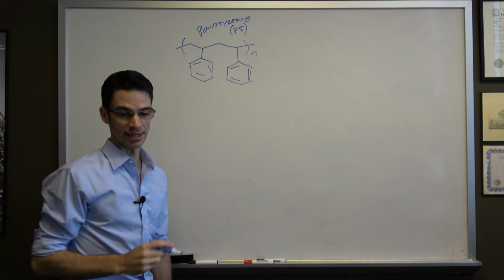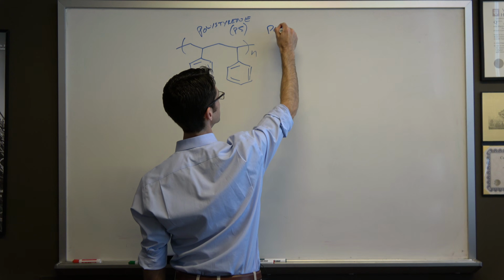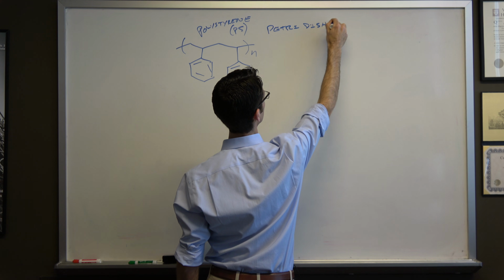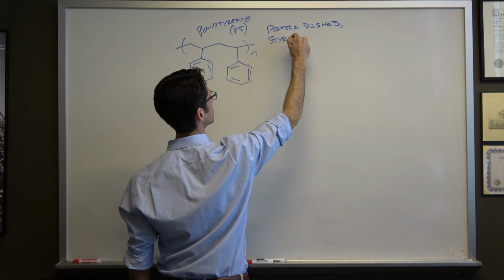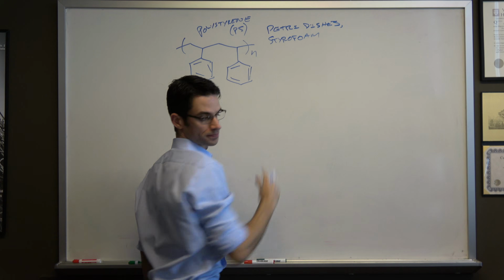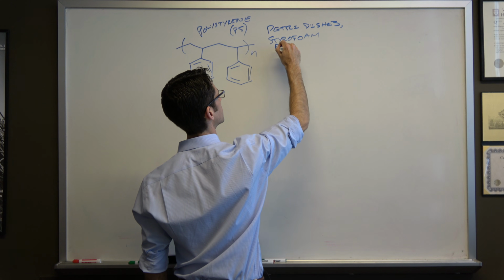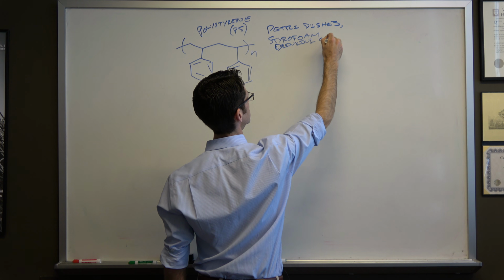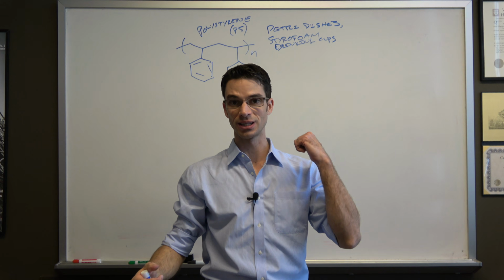And we'll call it PS for short. This is petri dishes. Styrofoam. Drinking cups. Like those red beer pong cups, those are polystyrene.